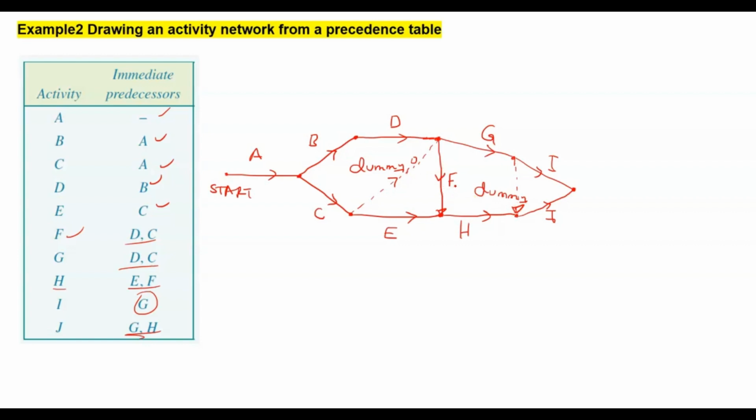I hope it's clear why we need a dummy: to make sure activities are joined when sometimes it may not be possible to join them. It's better to draw the network and see when you need to put in a dummy. I hope that's clear, and that's the finish. Just make sure you label the finish. In the next recording, I'm going to look at task allocation, bipartite and flow.